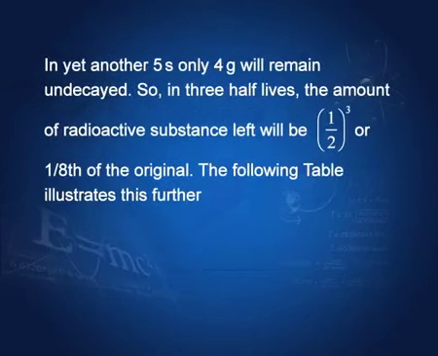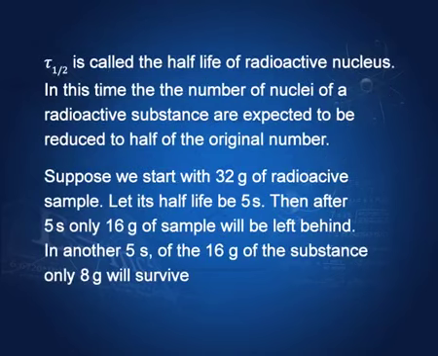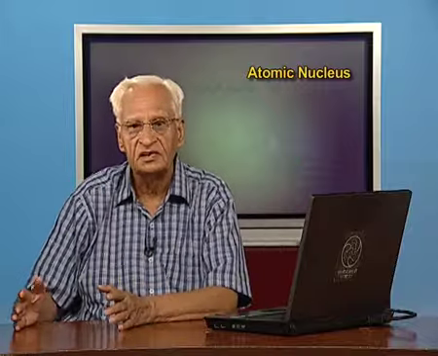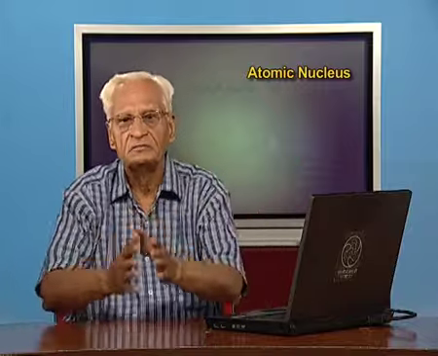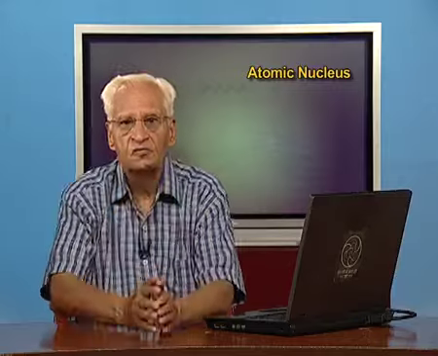So, in 3 half lives, 5 seconds, 5 seconds, 5 seconds, in 15 seconds, the amount of radioactive substance left will be 1 by 2 to the power cube, or 1/8 of the original, that is 32 divided by 8 will become 4. So, at the end of 3 half lives, the material left would be roughly or approximately 4 grams.